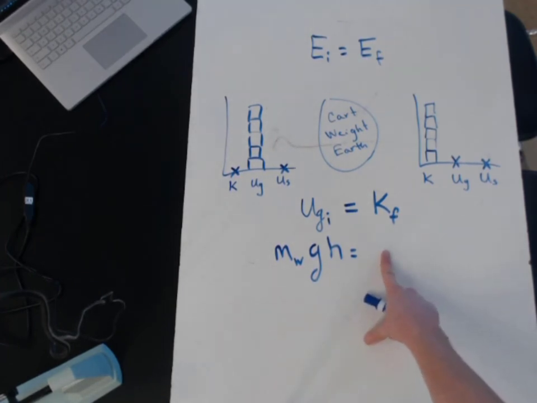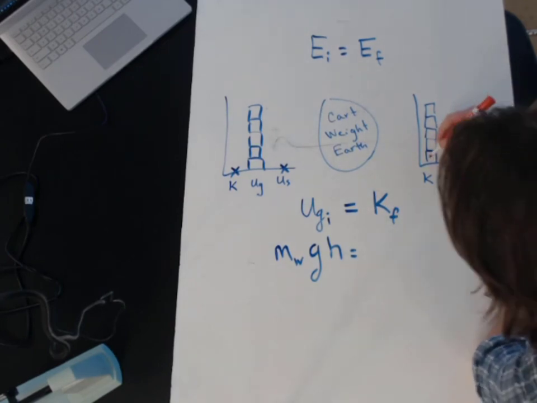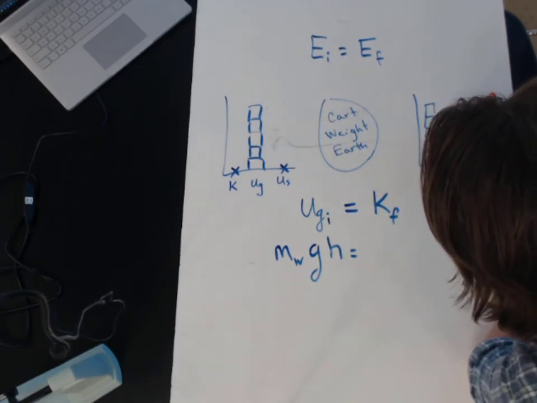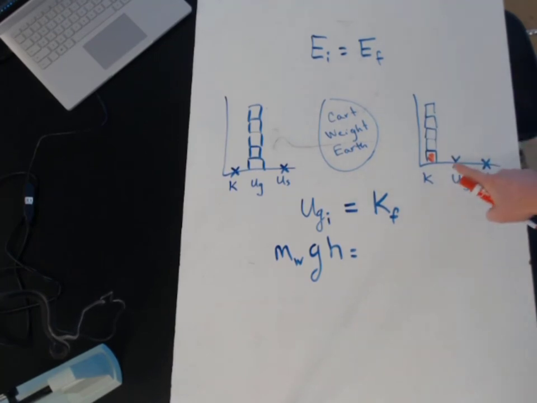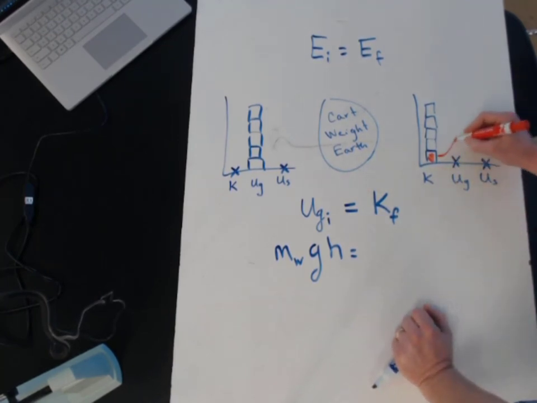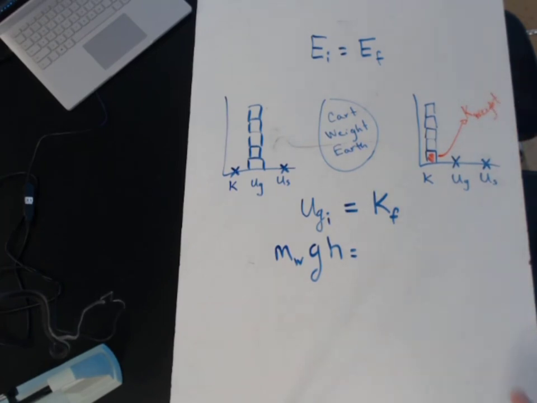The kinetic energy that we have at the end is actually split up amongst 2 objects. We have 2 objects in our system that are moving. I might say that one of these boxes of kinetic energy belongs to the kinetic energy of the weight, because the kinetic energy of the weight is going to be 1/2 mv squared, but it's the motion of the falling weight.